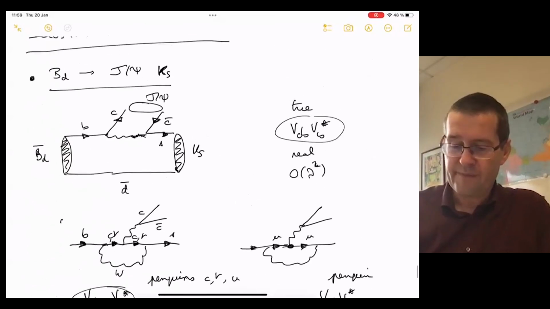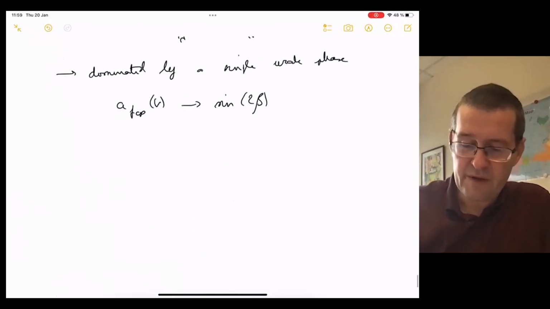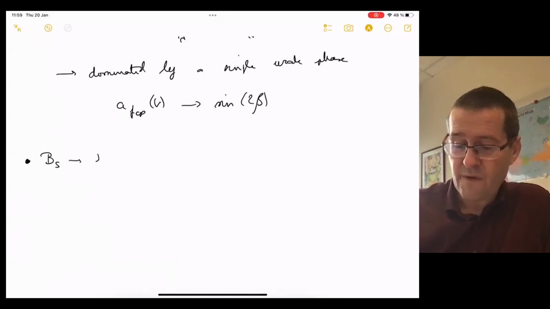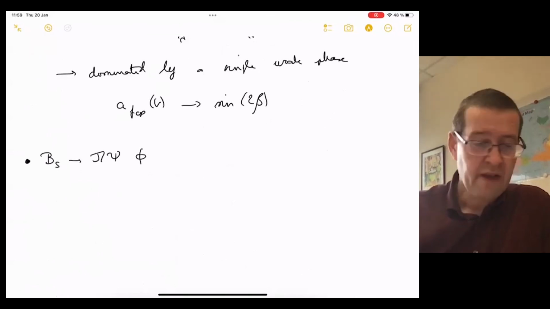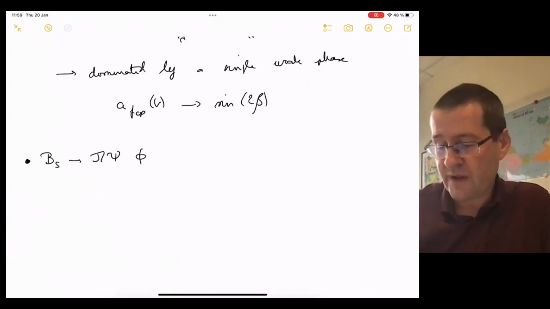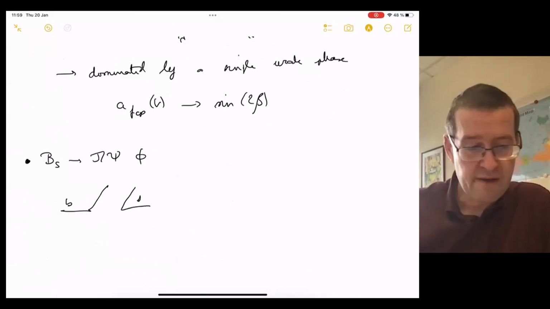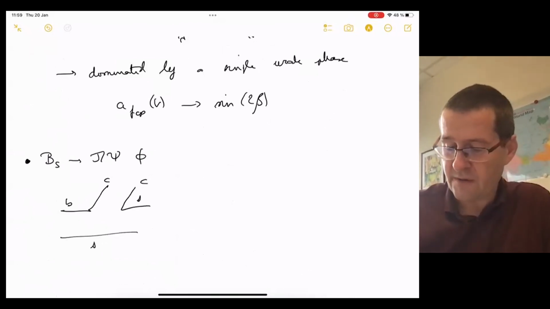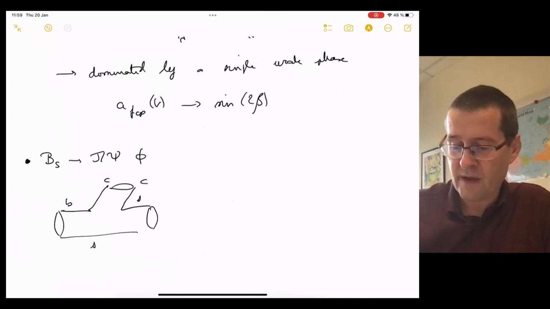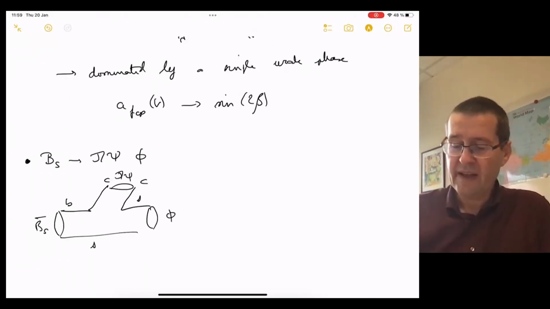In principle, and I'm not going to spend time on that, you can do the same for BS. So that's the same kind of diagram, but you have here a spectator s quark. So that's why you end up with BS to J psi and phi.